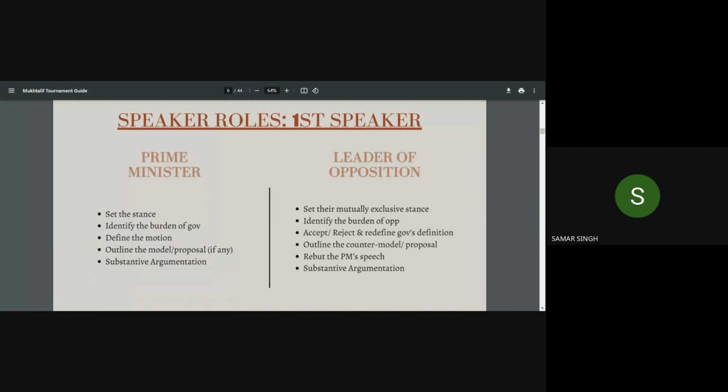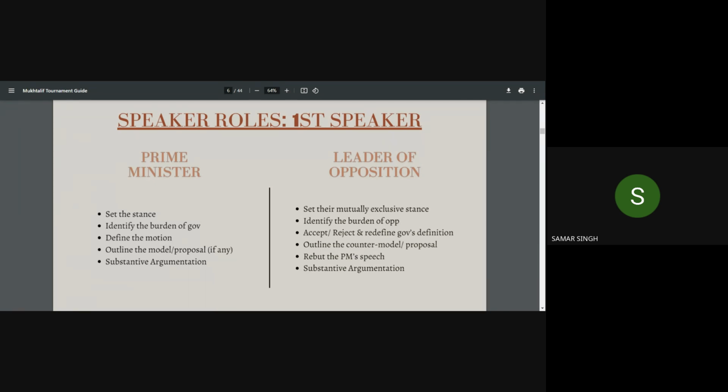The first speaker of your team builds your case, it starts your case, meaning it has a lot of power, a lot of responsibility because they have to set your case, they have to form your case, build a great foundation so that the subsequent speakers of your team could rely upon it because they highly rely upon what your first speaker said and what your first speaker built upon.